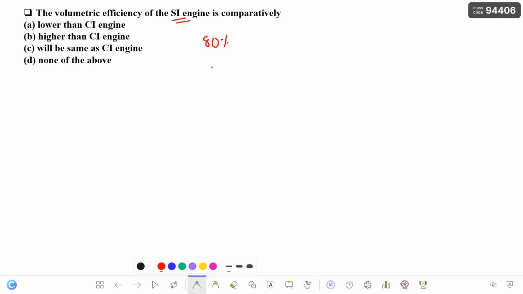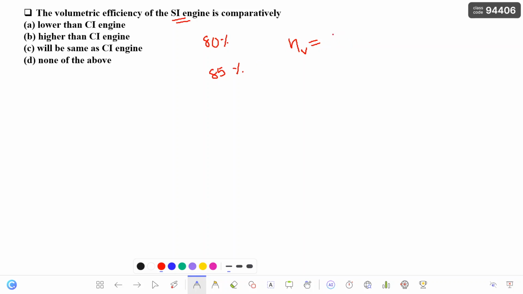But in CI engine it is around 85%. So the CI engine's volumetric efficiency is higher. Now what is volumetric efficiency? This is also one of the design parameters. You will be covering it in the next lecture. What is the volumetric efficiency?